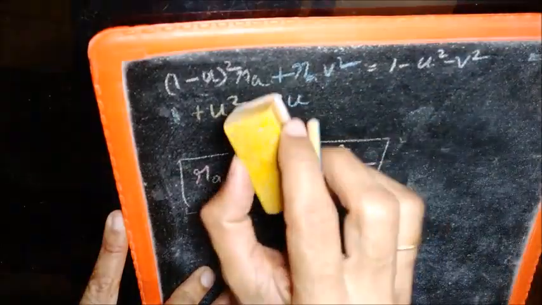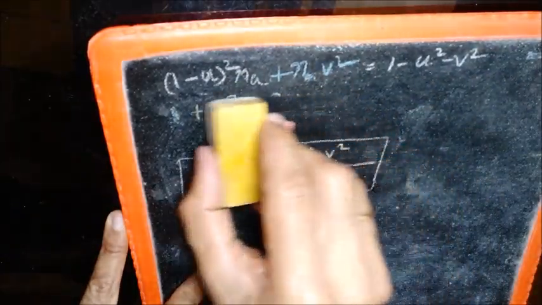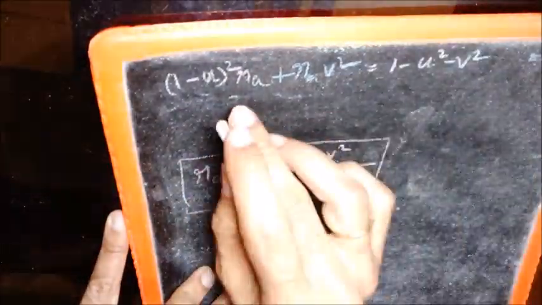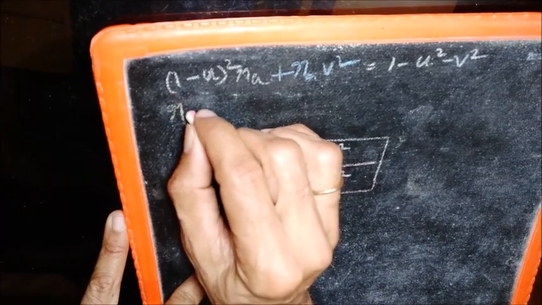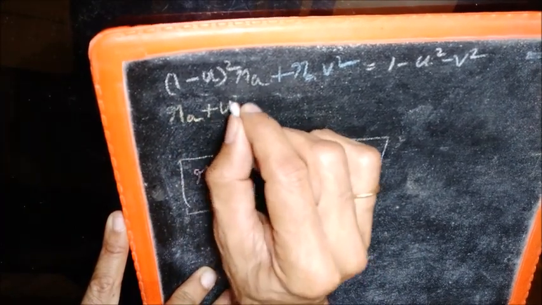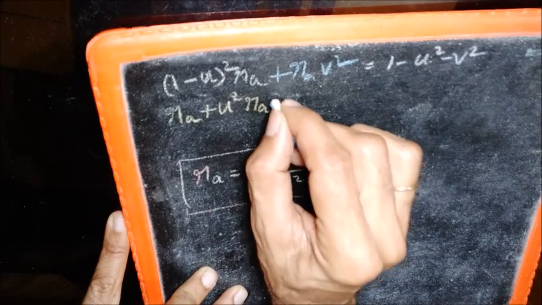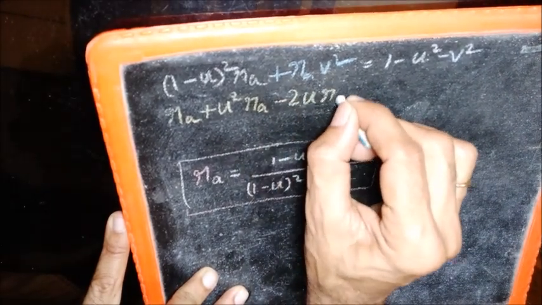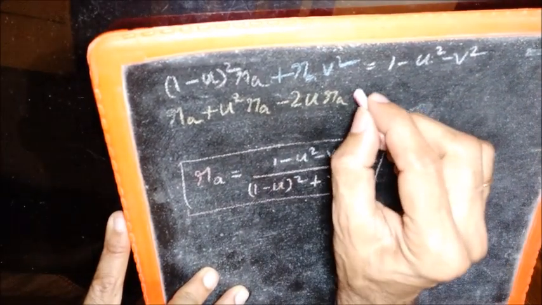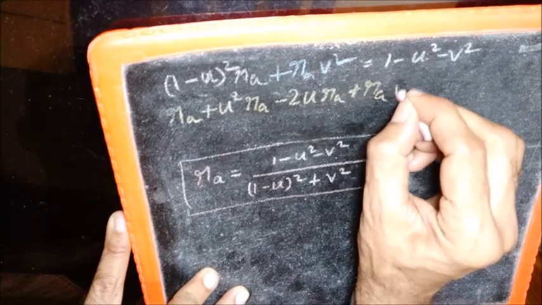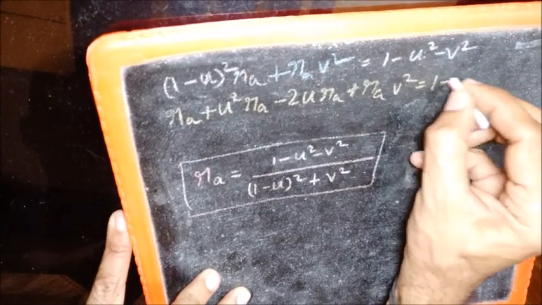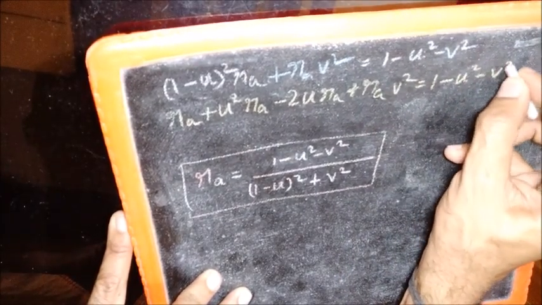Of course, I can expand it and simultaneously multiply with Ra, so that I can jump a step. Ra plus U square Ra minus 2U Ra plus Ra V square is equal to 1 minus U square minus V square.